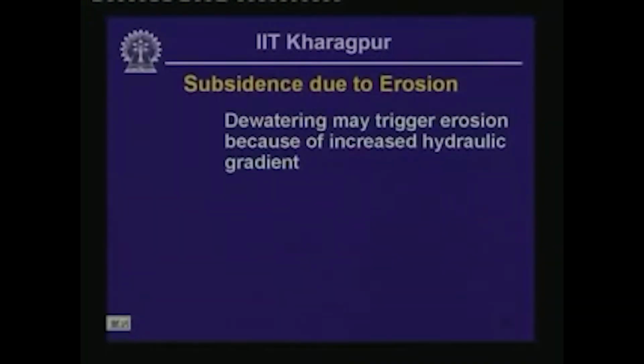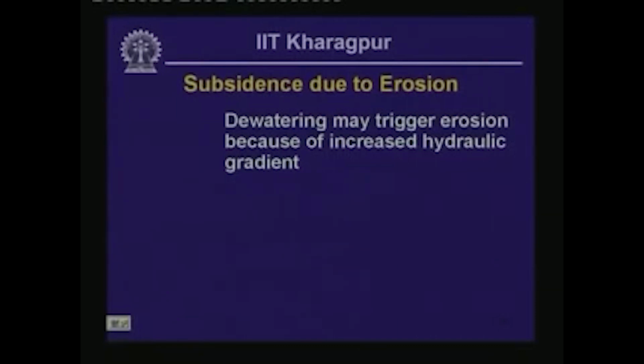They are still in use, but the only thing is that the lower floor has become a basement instead of being at the ground level. So those are some of the case histories related to subsidence caused by compressibility of soft soils because of lowering of the groundwater table.